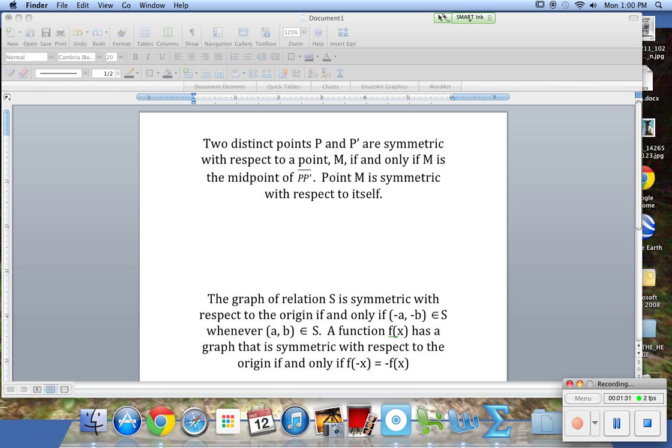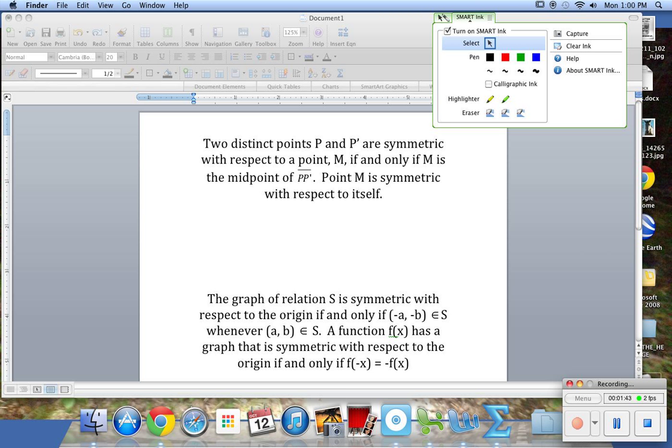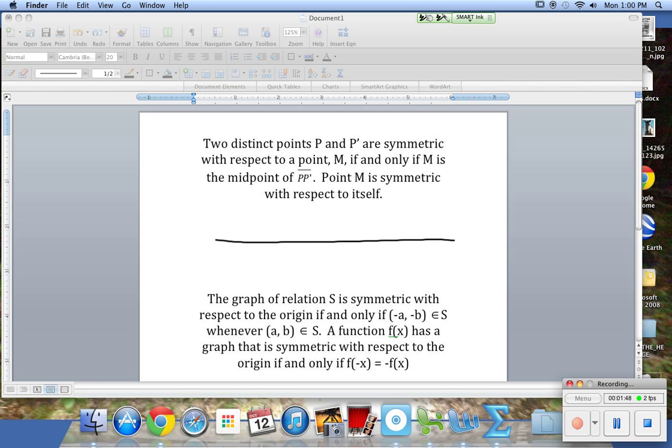Two distinct points, P and P prime, are symmetric with respect to point M if and only if M is the midpoint of P and P prime. So if I was to draw this, this is P, and this here is P prime, and M would be the midpoint.